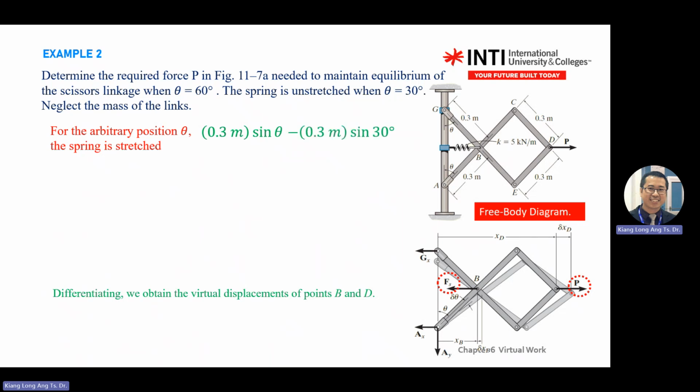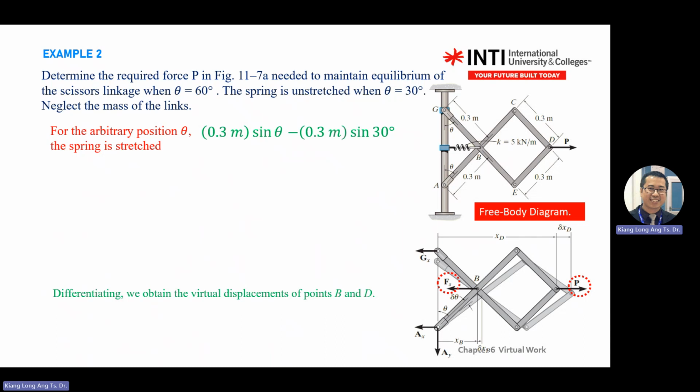So when they change the angle, you get 0.3 sine theta, which is this distance. XB equal to 0.3 sine theta. In the equation, we do not put in the 60, because 60 means the end angle. So XB is 0.3 sine theta.